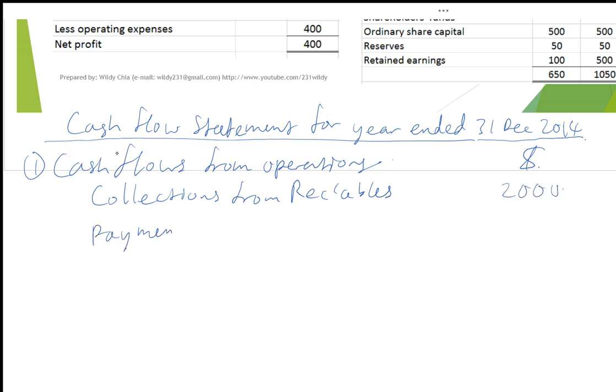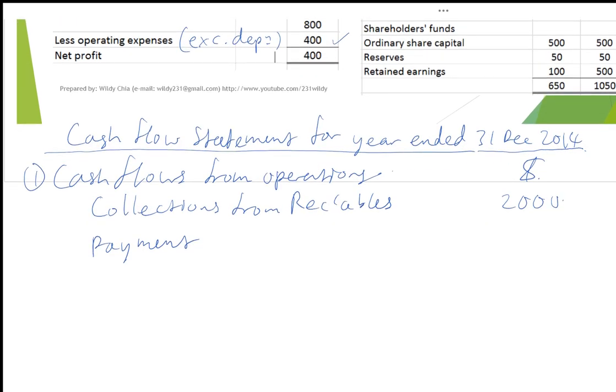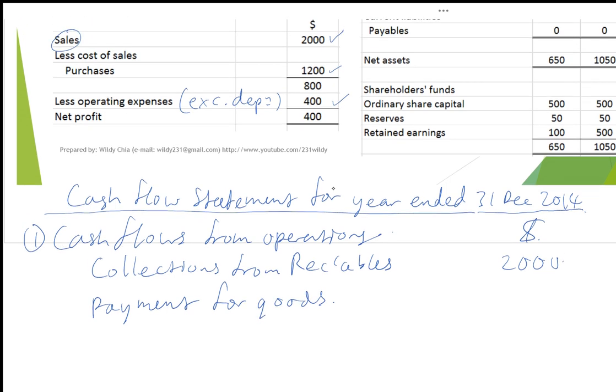Payments. There are basically two payments. One is purchases and the other being operating expense. In this question, there is no depreciation, so no worries about it. So next item is payment for goods. Right, payment for goods, there is only 1002.